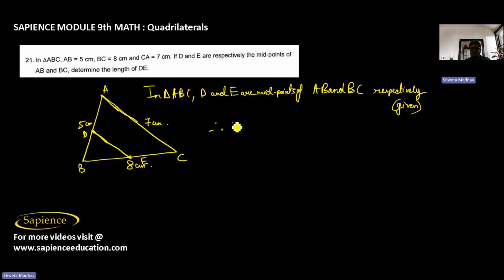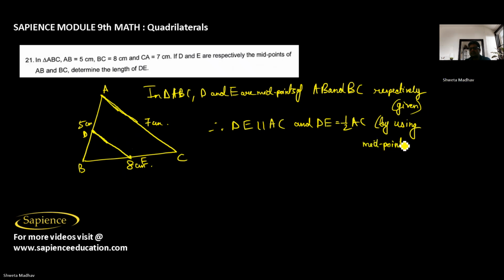So therefore I can say DE is parallel to AC and DE will be equal to half of AC by using the midpoint theorem. So therefore the length of DE will be equal to half of AC, which is half of 7 centimeter, which is 3.5 centimeter. 3.5 centimeter is the answer.